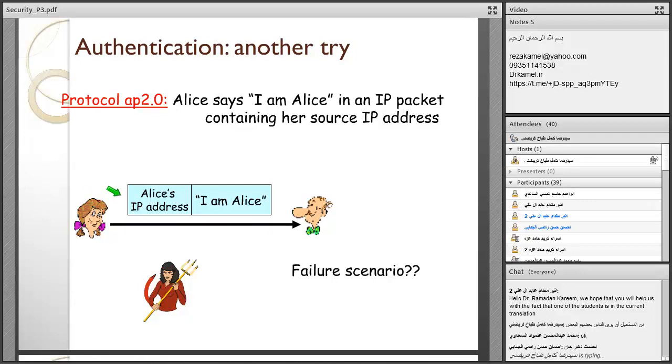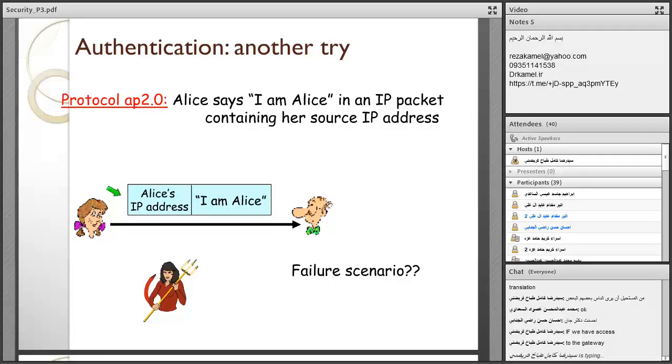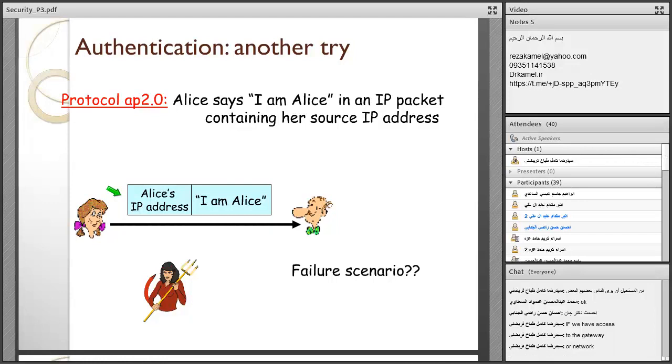I will write in the box: if we have access to the gateway or network, IP addresses and also URLs can be forged or spoofed.